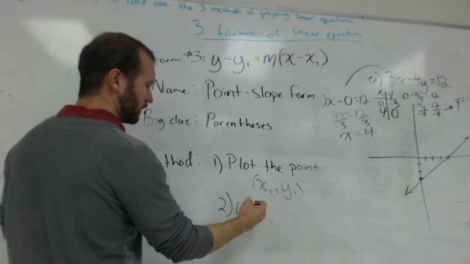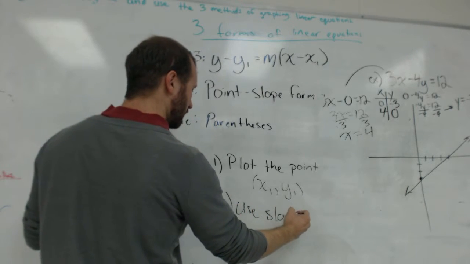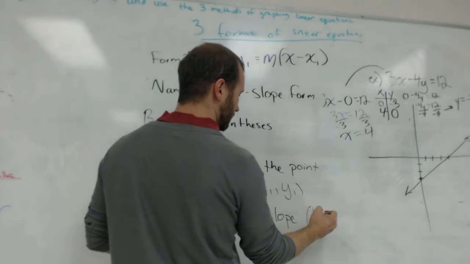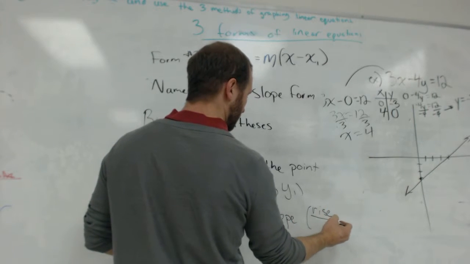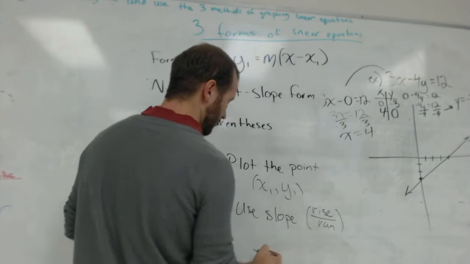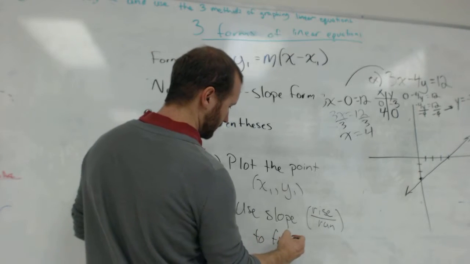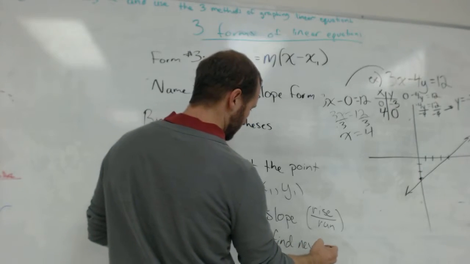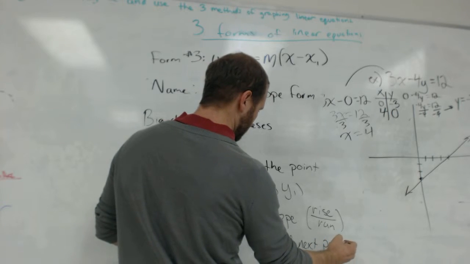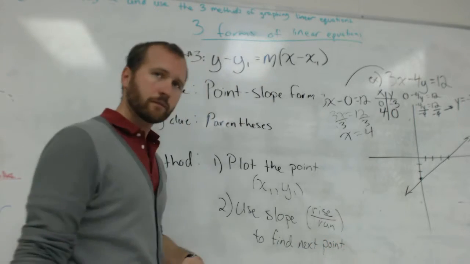Number 2, we use the slope. Slope is rise over run to find the next point. Okay?